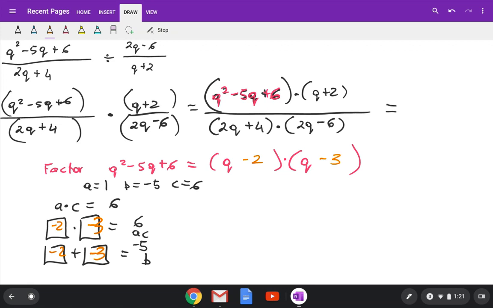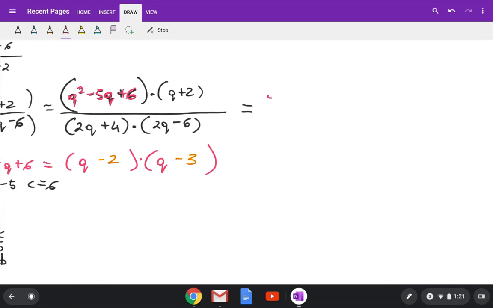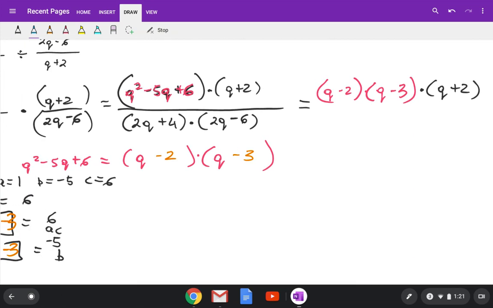Okay, so I'm going to copy this down. My q squared minus 5q plus 6 is the same as q minus 2 times q minus 3. Now this one, q plus 2, it's prime, so I'm going to copy this down. There's no way that I can factor this. Okay, now next I'm going to factor 2q plus 4.